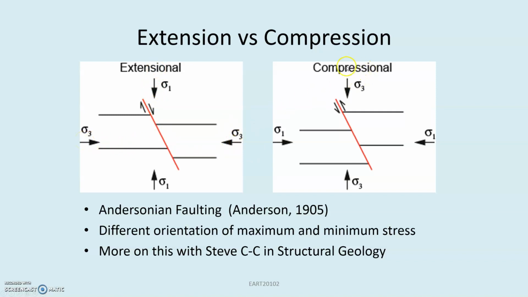In the compression regime, the minimum principal stress is vertical and the maximum principal stress is horizontal. And then the third is strike-slip, where the intermediate principal stress is vertical and the maximum and the minimum are in the horizontal plane. So there are three main cases.